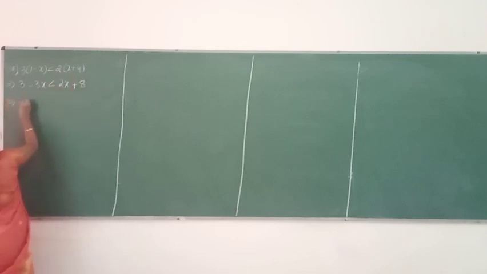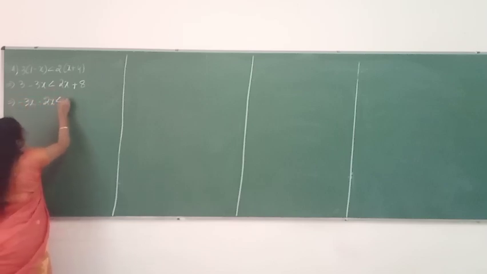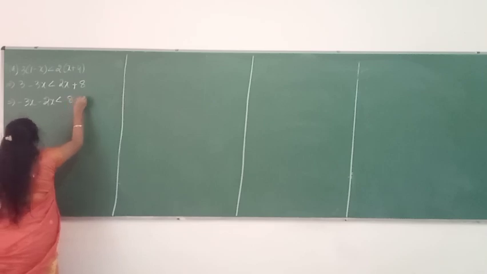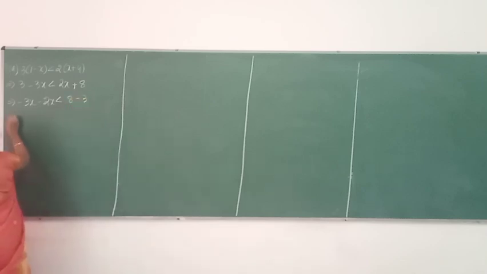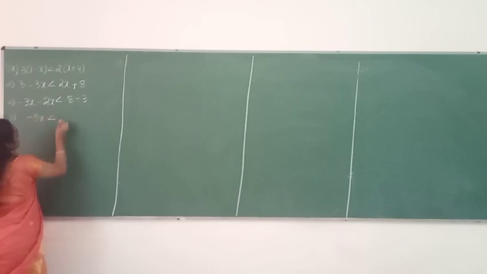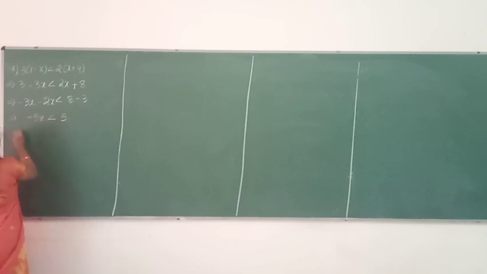So just take the variables one side, minus 3x minus 2x is less than plus 8 minus 3. So here it will be minus 5x is less than plus 5. Therefore, x is less than 5 divided by 5. So 5 will get cancelled, minus x is less than 1.